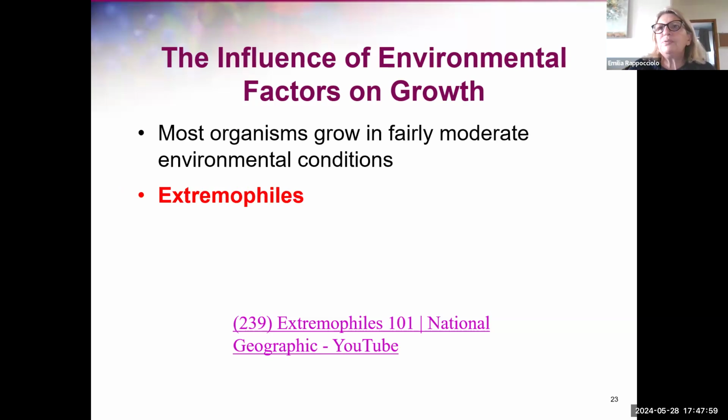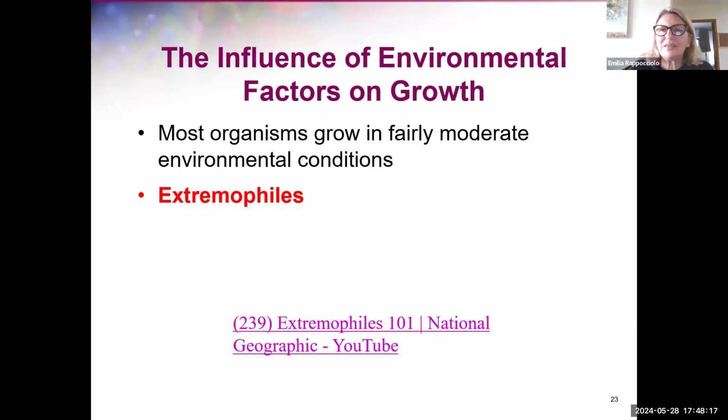But as I said before, you have others which are called extremophiles. These are cells adapted to living in conditions that are not moderate, that require conditions that would kill other cells for growth.